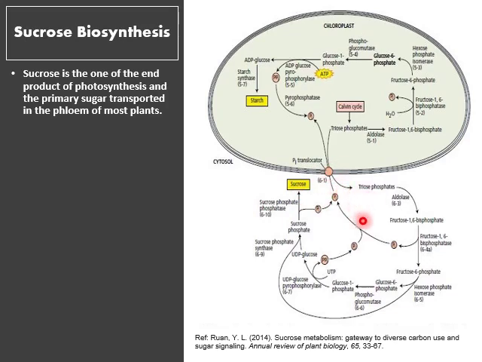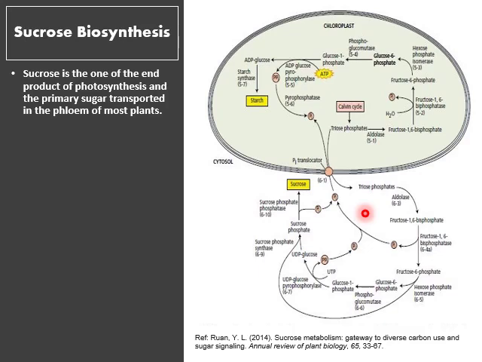So what basically you have to remember here is that carbon dioxide, which is fixed in the chloroplast by photosynthesis, the final product, triose phosphate of the C3 cycle, is translocated outside the chloroplast into the cytoplasm through inorganic phosphate translocators, and once it reaches the cytoplasm, the process of sucrose biosynthesis starts, and it is dependent upon various factors.